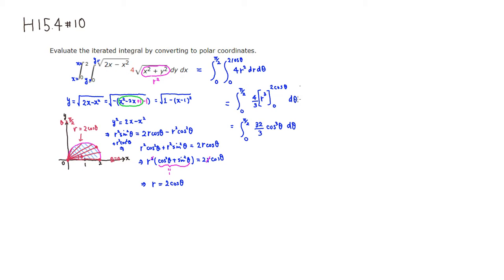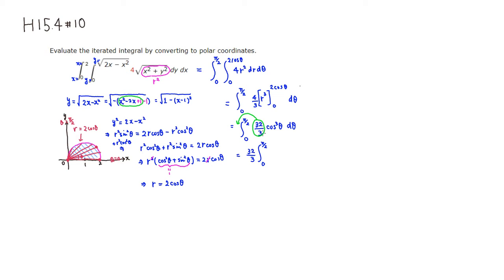Then we just have to integrate this, but here I'm going to move this constant outside. So we have 32 over 3, then you have an integral from 0 to pi over 2.